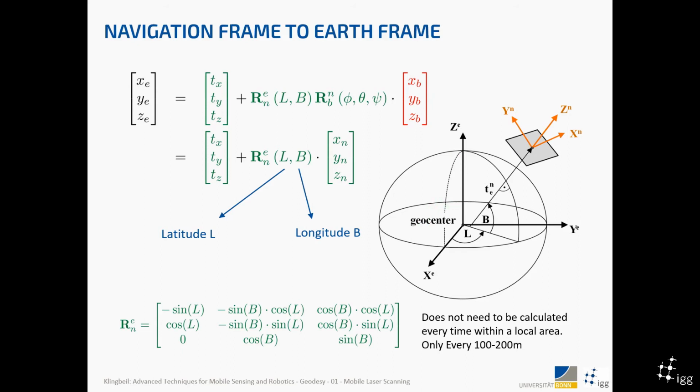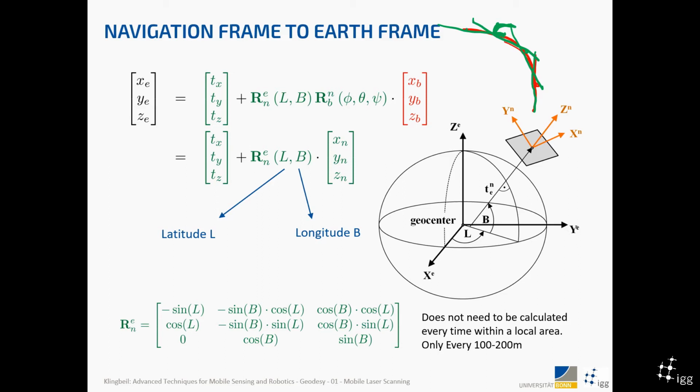So if this is the Earth surface and you are here, then this is the navigation frame, and if you move to here, right, then this navigation frame plane always rotates, and this angle or this rate is actually called transport rate. This is what you learned last semester as well.